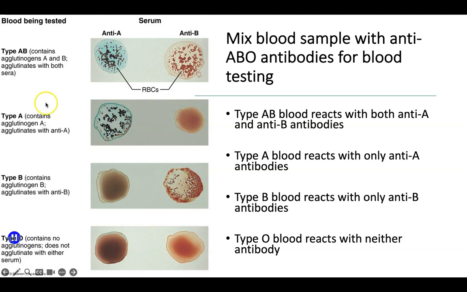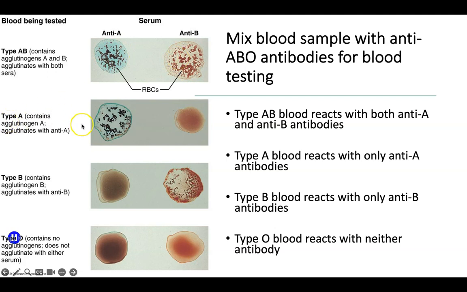So for instance, if you were to test for A and B, and you see coagulation after adding antibodies against both, that means this is a person with type AB blood. So in both cases, you had coagulation. So this is AB blood.